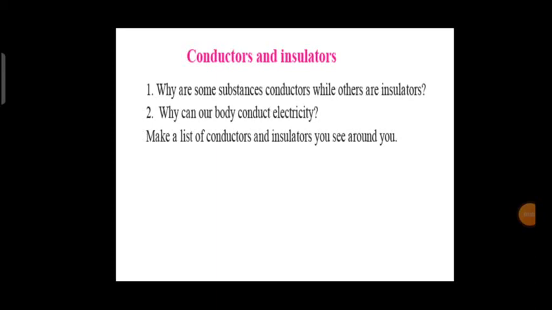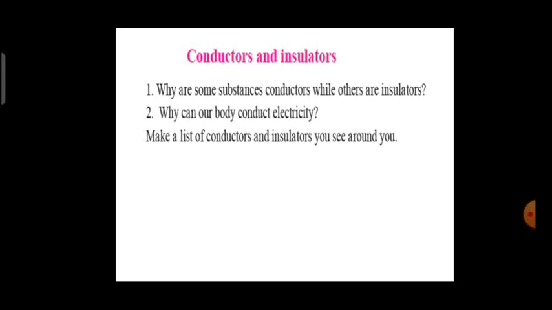Some substances possess a large number of free electrons and low resistivity, hence they can conduct electricity. And some substances possess practically no free electrons and have high resistivity, hence they cannot conduct electricity. And hence some substances are conductors while the others are insulators.